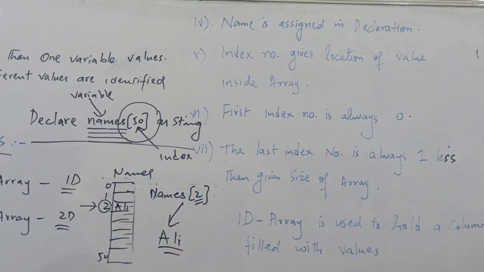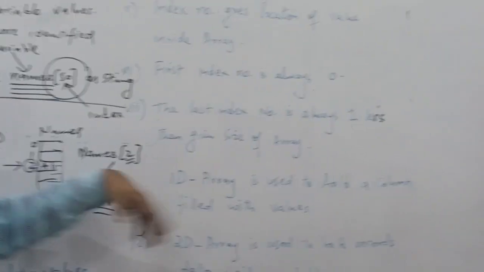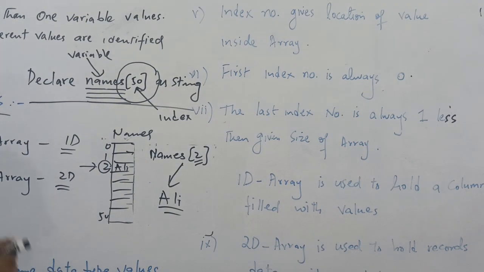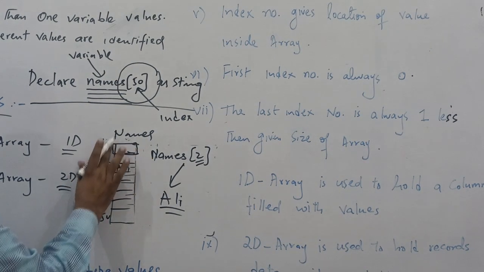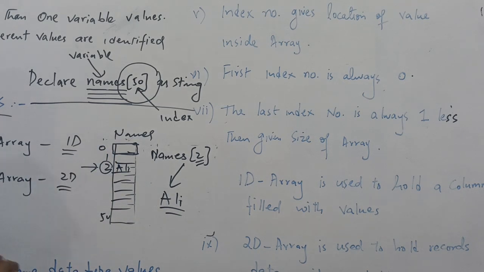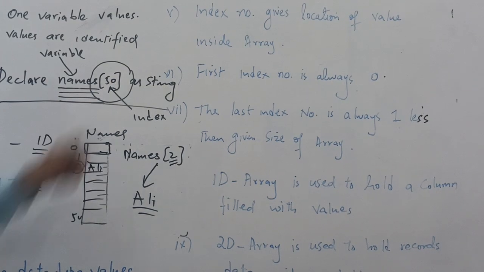Point 6, the first index number is always 0. In the very first example I told you that the first location of every array always begins with index number 0. So, what will be the impact on the last value if you are using 50?